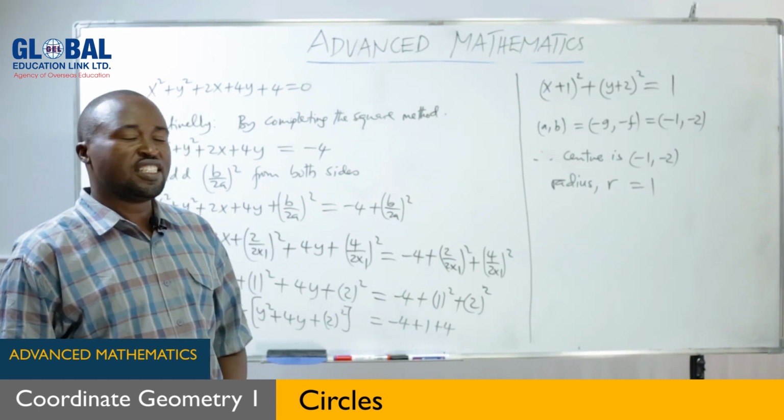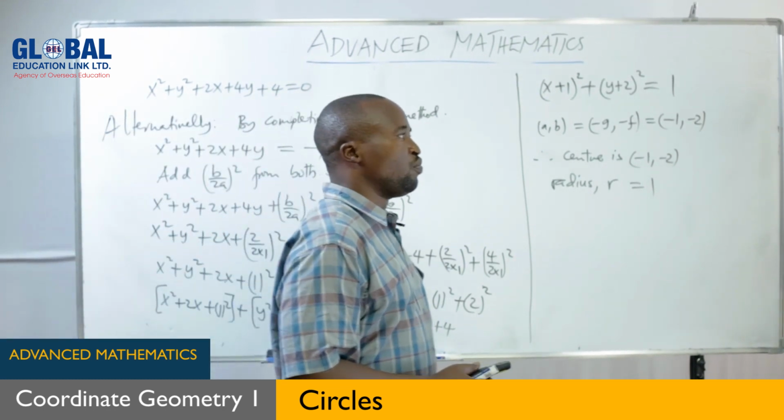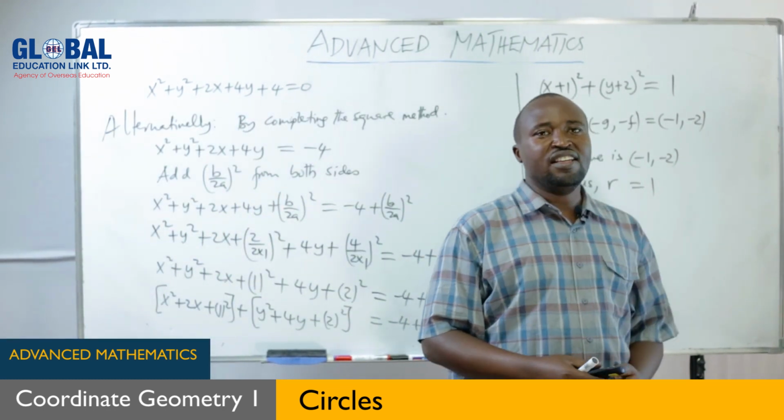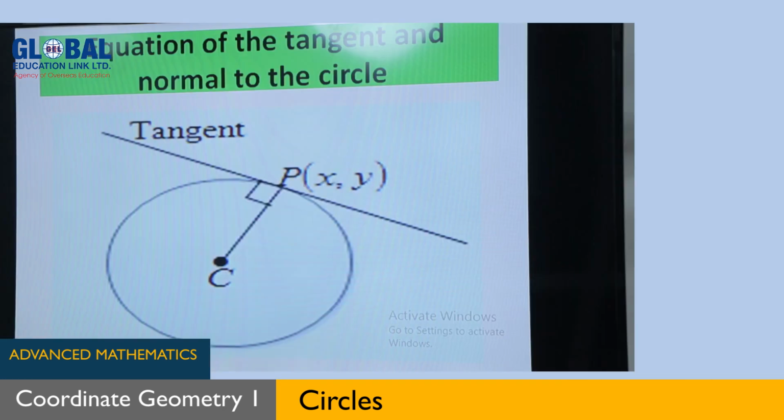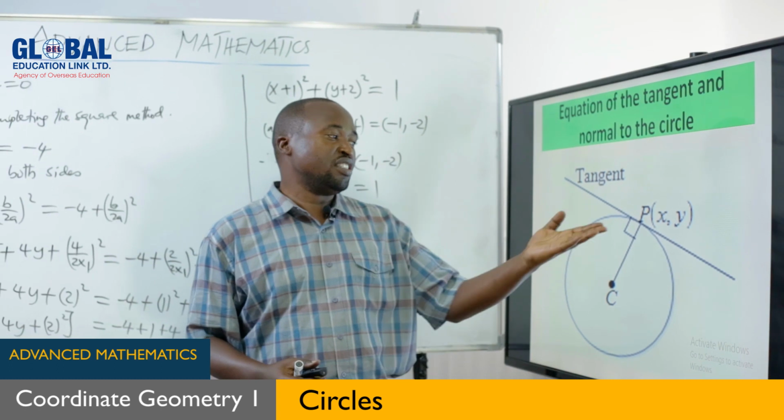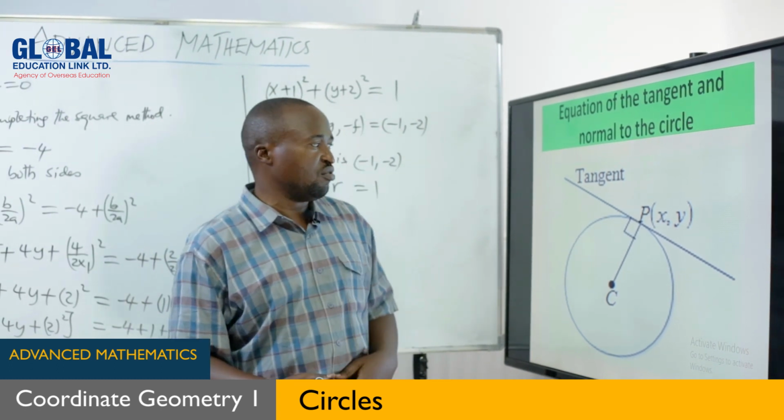So my dear student, let us proceed with the last subtopic in the coordinate geometry 1. That is the equation of the tangent and the normal to the circle. So here we have a circle, but again we have a line which touches a point of the circle, or just one single point of the circumference of the circle.